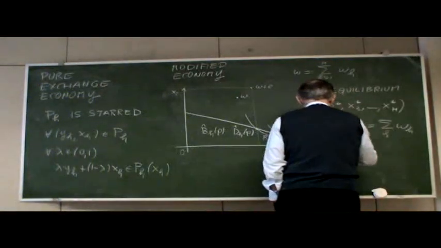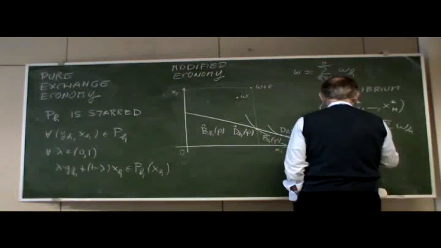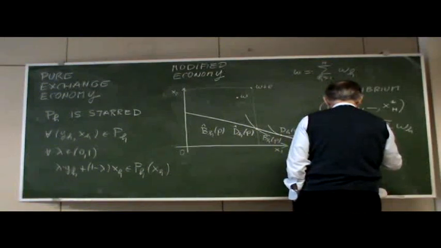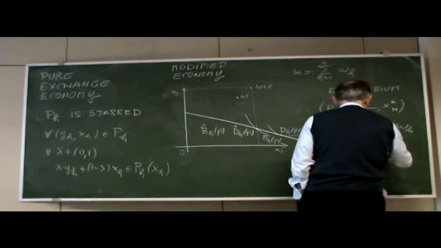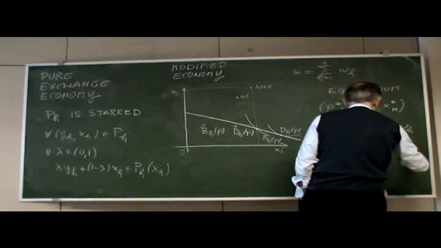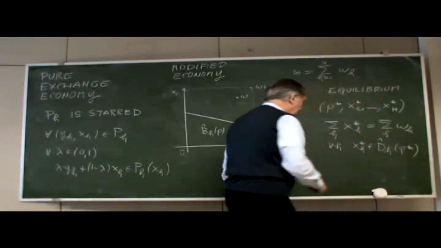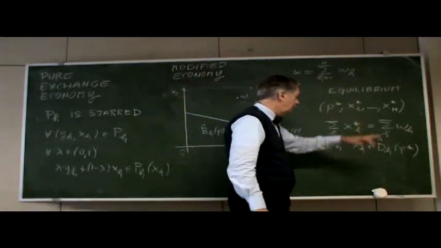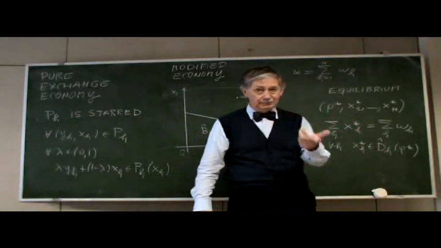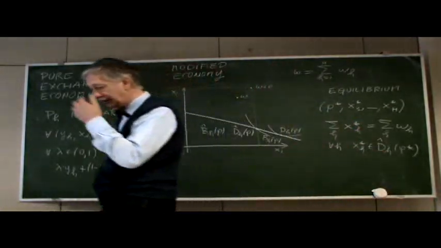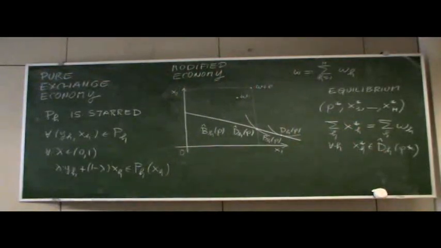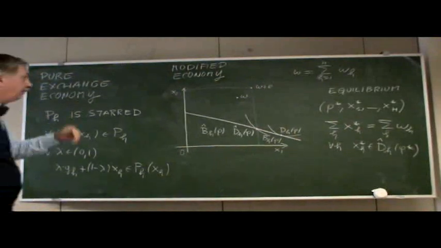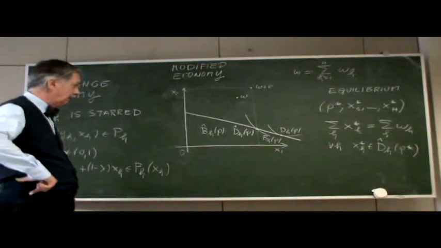And for every H, X star H must belong to the modified demand of P star. Each of these consumption bundles must be optimal for the corresponding subject. This is equilibrium for the truncated economy.